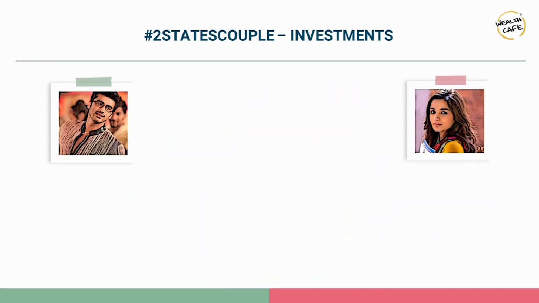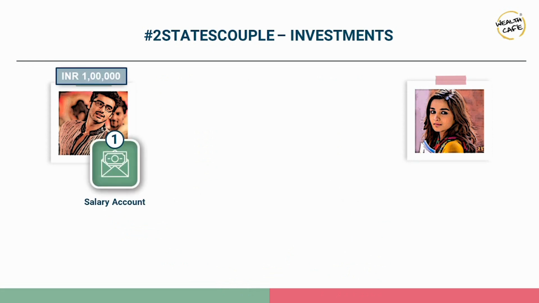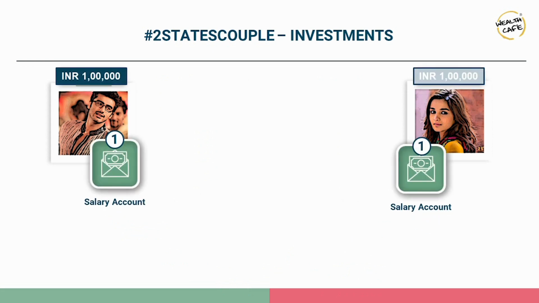So let's understand the 2 states couple and how their cash flow works with their actual numbers. Here, as you can see, both Krish and Ananya earn 1 lakh rupees each month, which is credited into their salary accounts. Because they are living together and have a lot of financial responsibilities, they are able to save 30 to 40% of their take-home income.